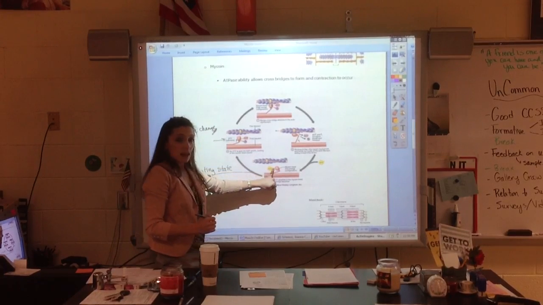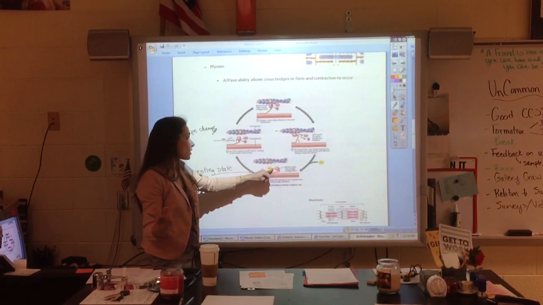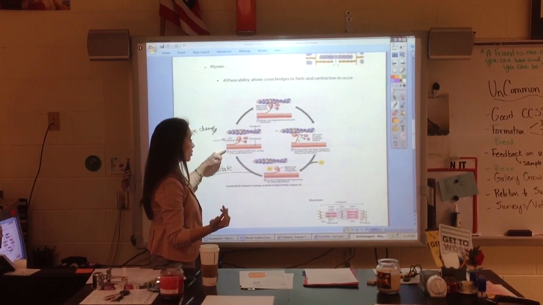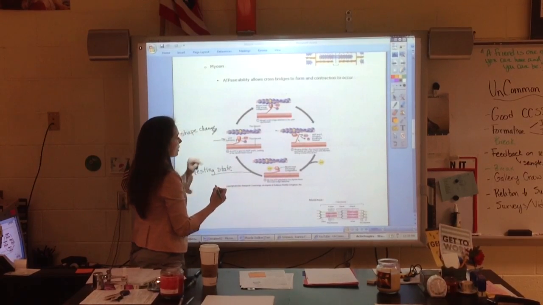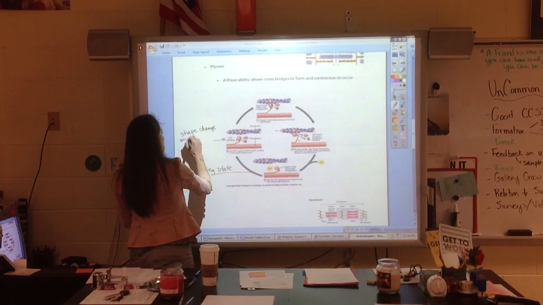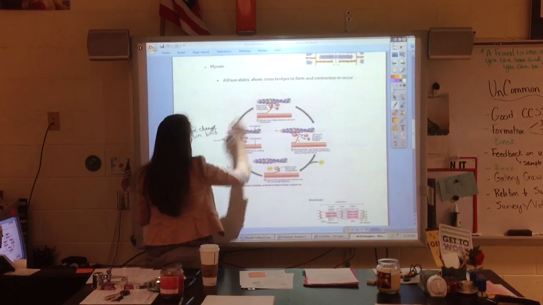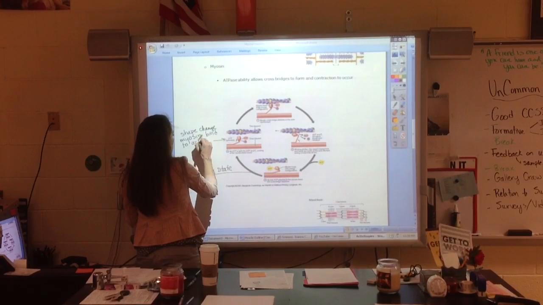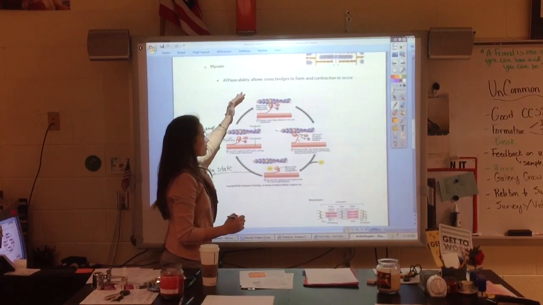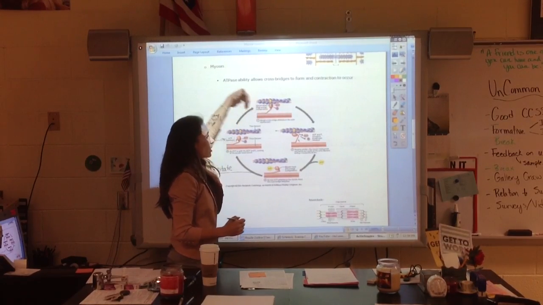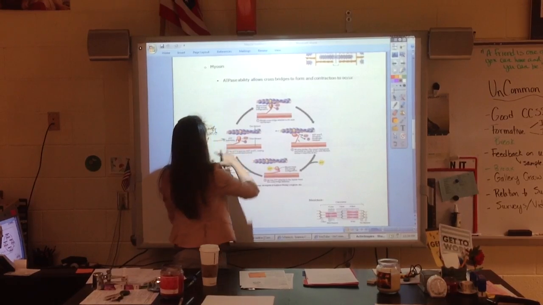So ATP is there, we're relaxed muscle. When ATP is hydrolyzed, then there's a shape change and the myosin will bind, or it's called a cross bridge, to actin. As it binds, we are going to cause a conformational shape change.